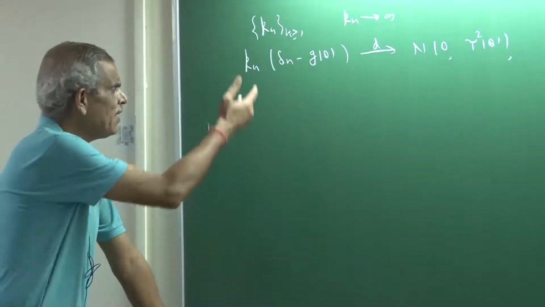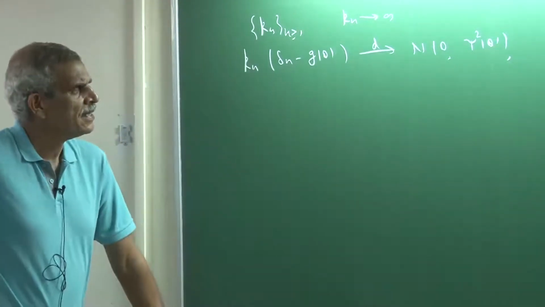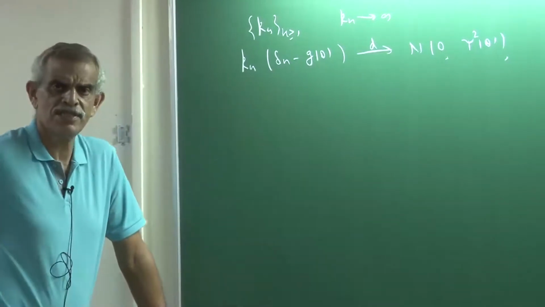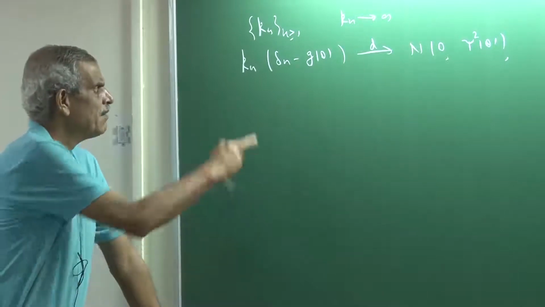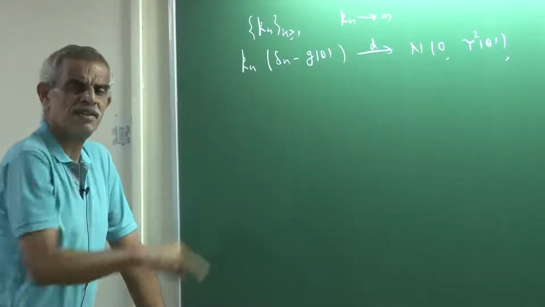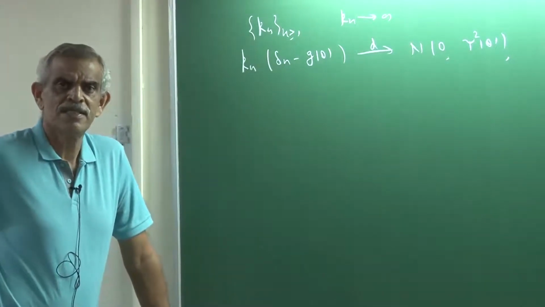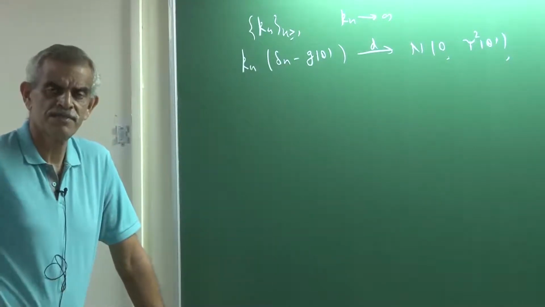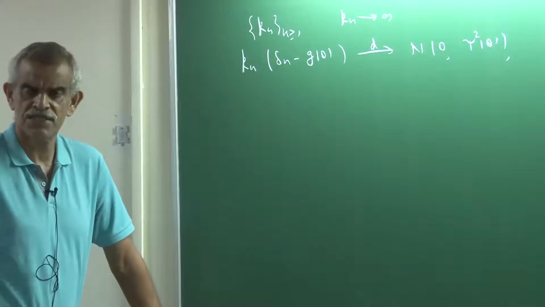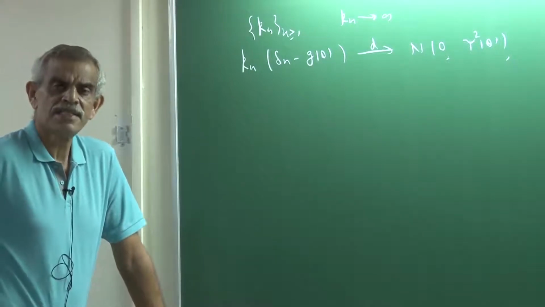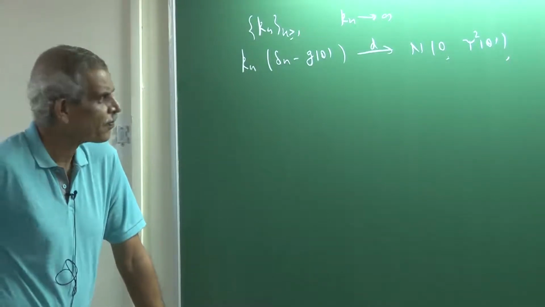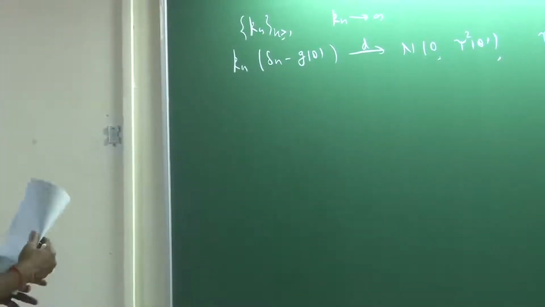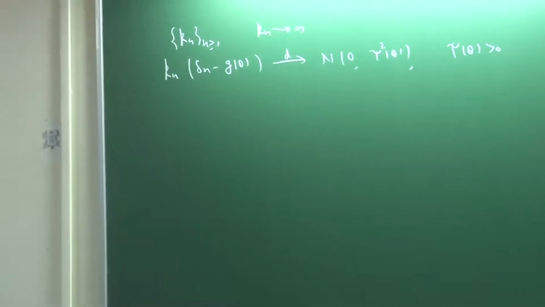So what may happen is you try to look at this normalizing Kn for different sequences, and the one for which the convergence rate is better, for which 1 upon Kn goes to 0 much faster, or Kn goes to infinity much faster, that estimator should be preferred. This is a scenario which is happening in many situations.